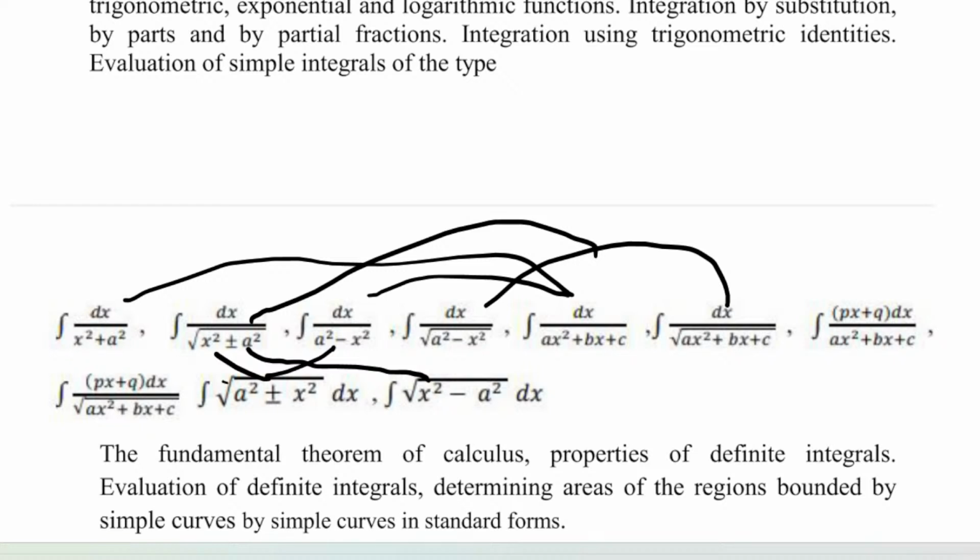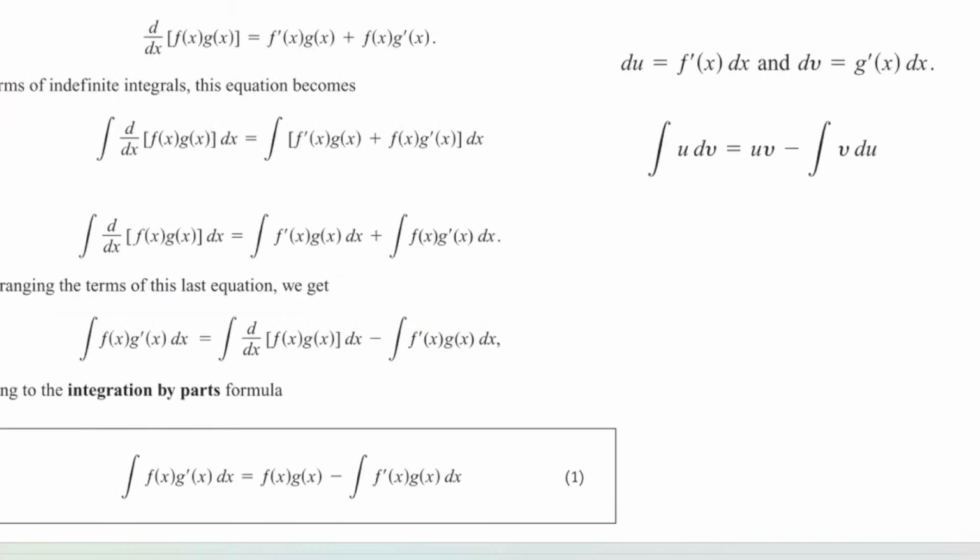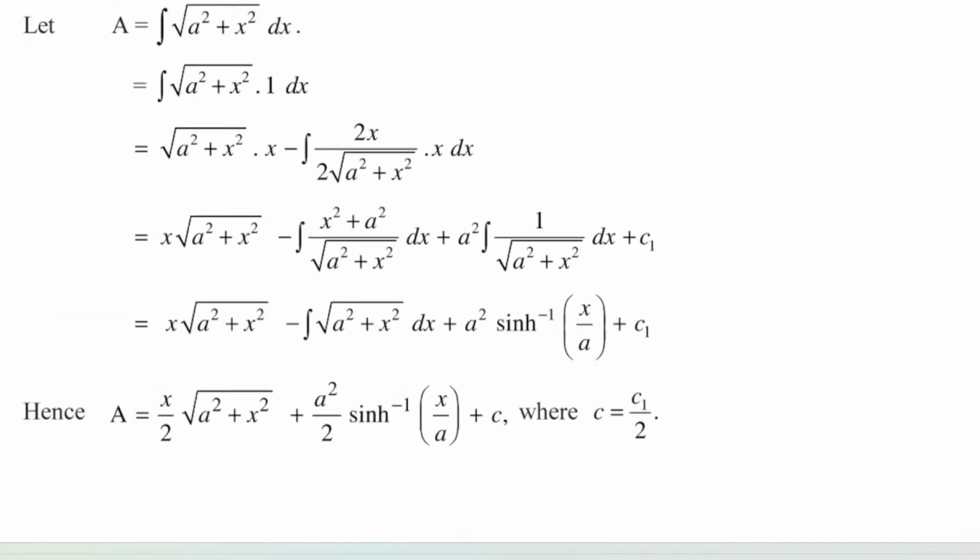Fundamental integrals using trigonometric, exponential, logarithmic functions. Sir, can you show the answer once? One second. This one only did, no?